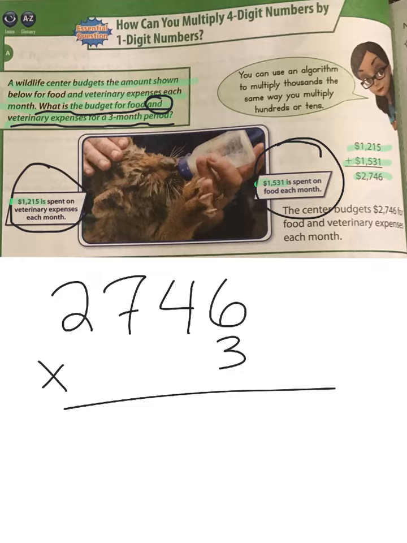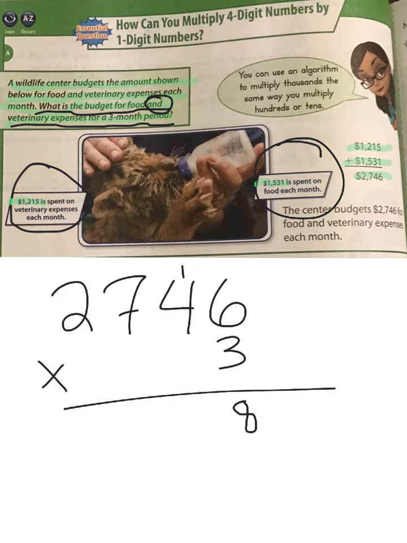To solve this multiplication problem of a 4-digit number by a 1-digit number, we are going to use a standard algorithm. First, we're going to multiply 6 times 3, which is 18. In 18, the 8 is in the ones place, so we are going to place the 8 down in the ones place and regroup our 1 over the tens place.